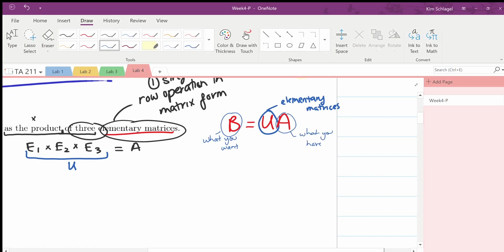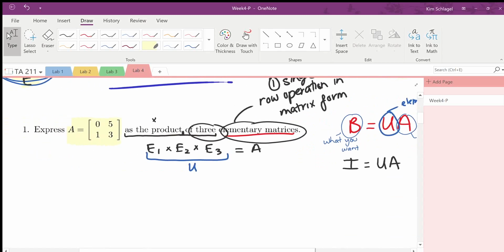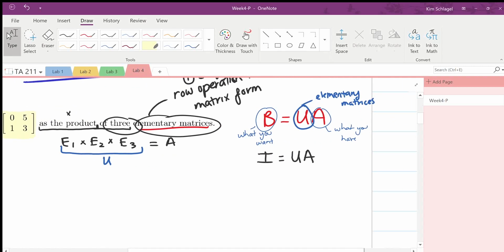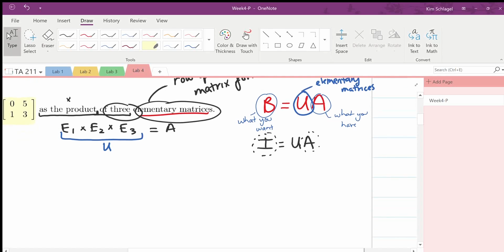So in this case, our B is the identity matrix. The reason is that we're given A and we're not given any other matrices. So we're going to want to use the identity matrix to somehow take us to A. This will make more sense when we do it a little bit later, but I'm just showing you the formula here first.